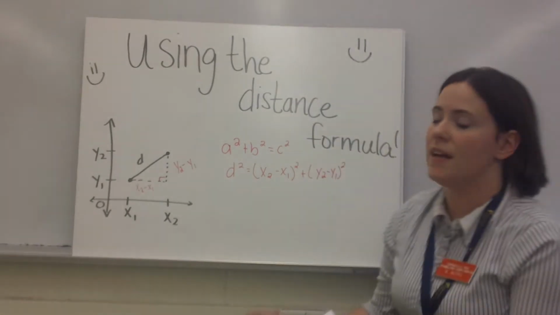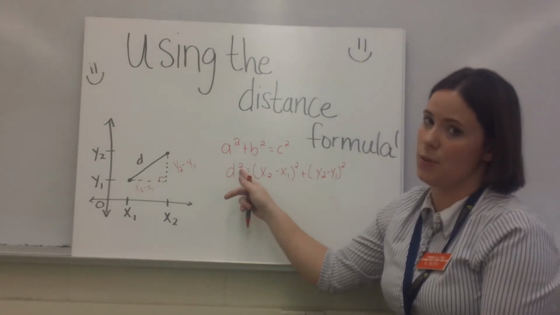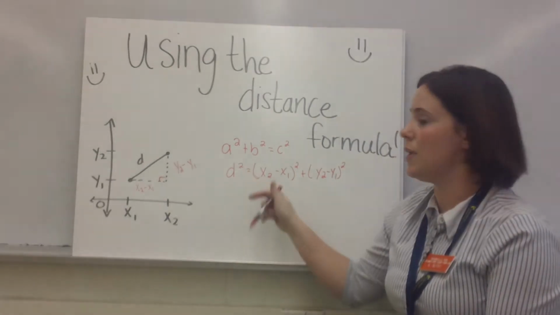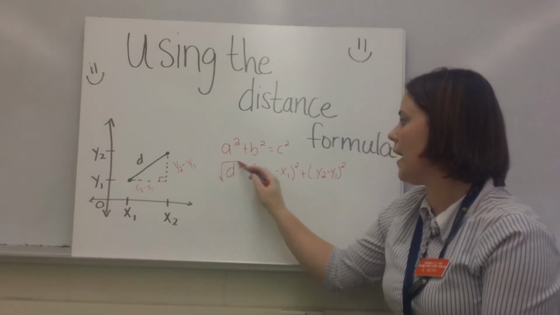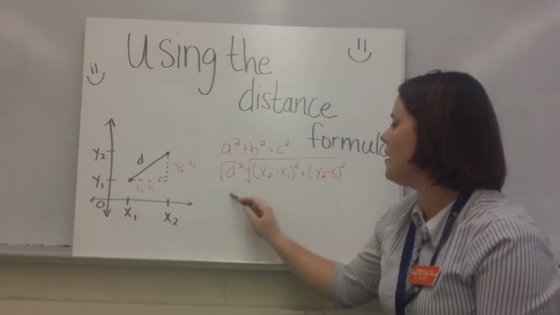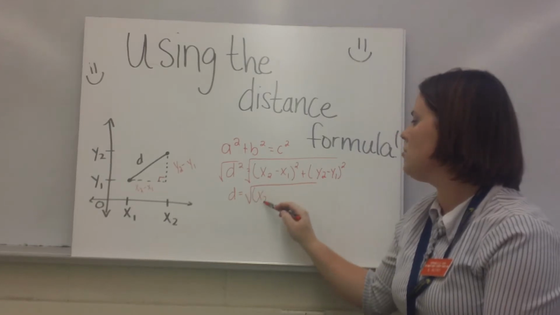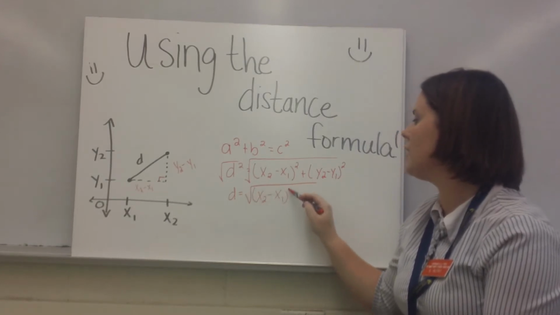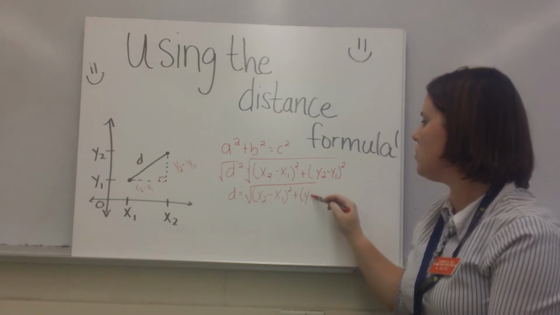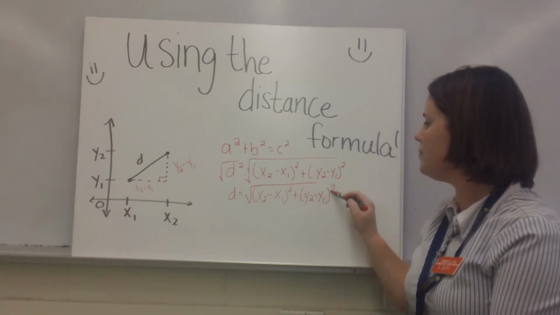Now, you can't have a d squared here, so we have to get rid of that square. In order to do that, we're going to take the square root of both sides, and that gives you d equals the square root of x sub 2 minus x sub 1 squared plus y sub 2 minus y sub 1 squared.